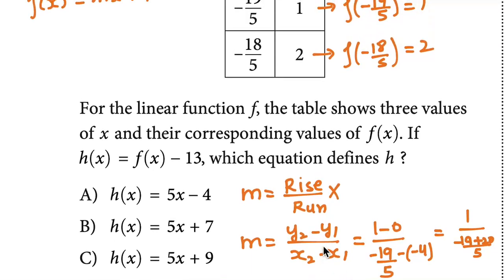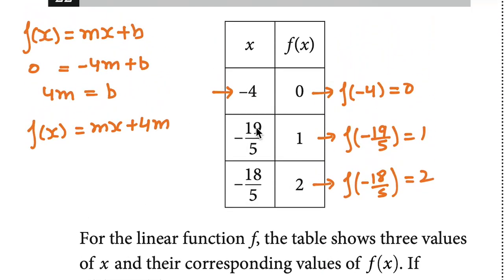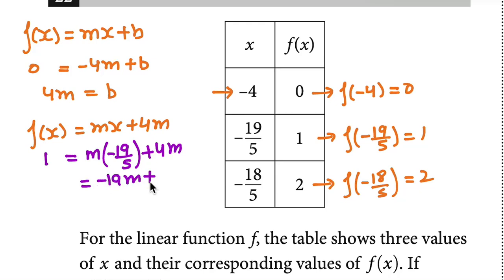And another way is to use any of these data points. For example, let's say the second one. So 1 is equal to m times negative 19 by 5 plus 4m. So this is negative 19m plus 20m by 5 is equal to 1. So m is equal to 5, right?